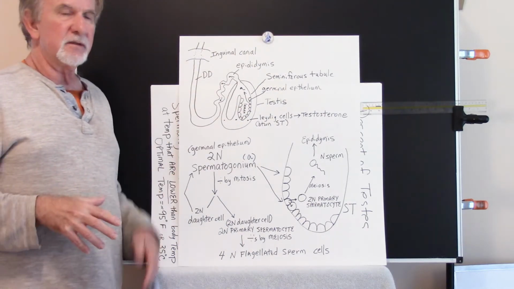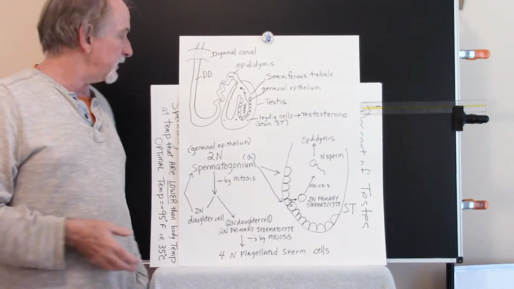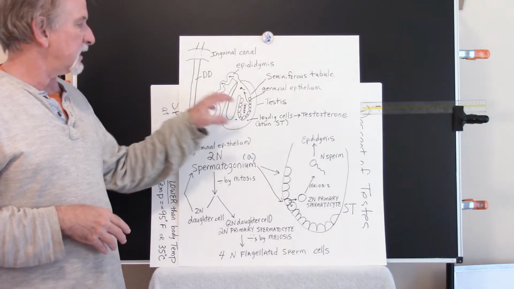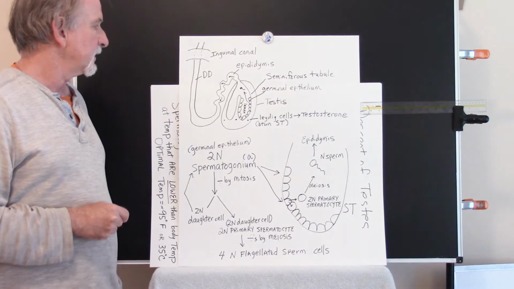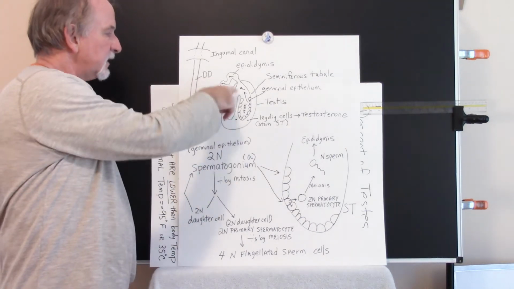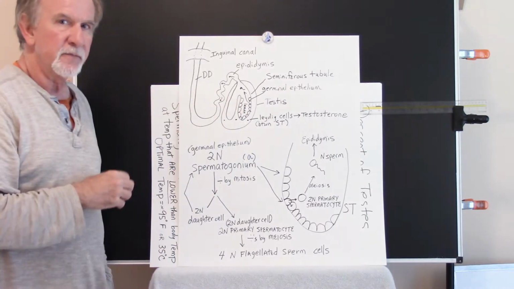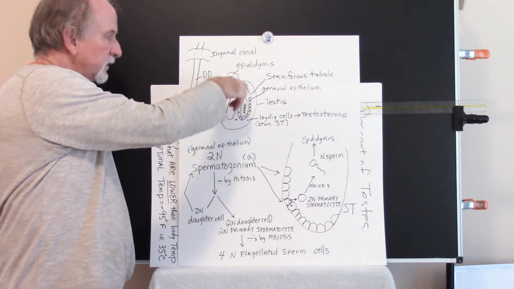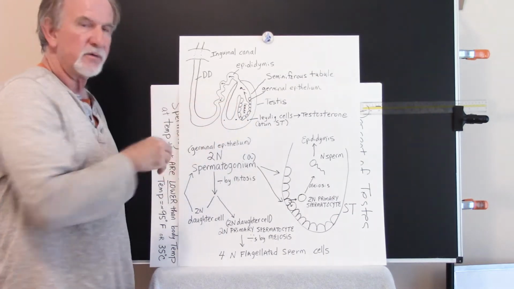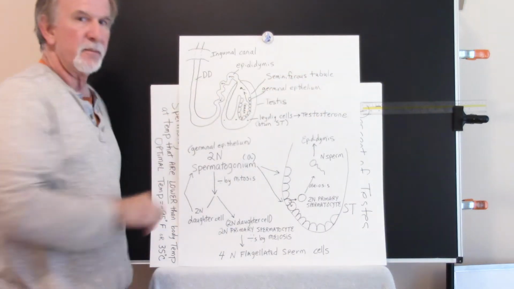So, just a little bit about the male anatomy. This would be a testis inside the scrotum. And within the testis would be the seminiferous tubules. And the lumen of the seminiferous tubules is lined by epithelial cells known as the germinal epithelium.